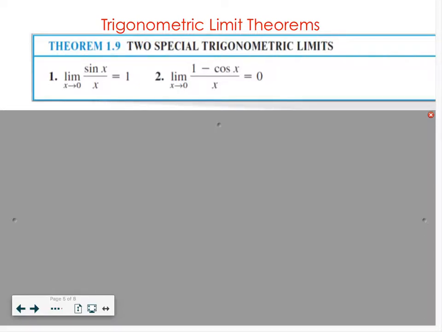The limit as x approaches 0 of sine of x over x equals 1 every time. And the limit as x approaches 0 of (1 minus cosine of x) over x equals 0 every time.